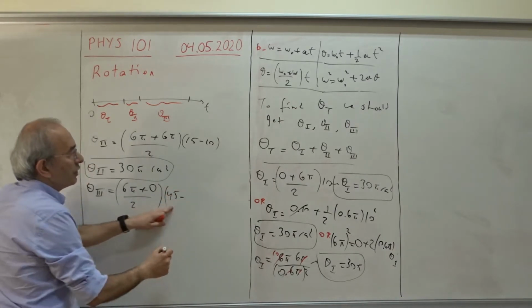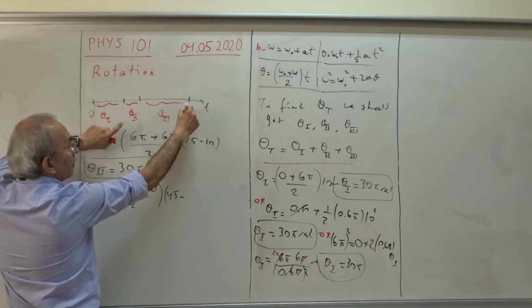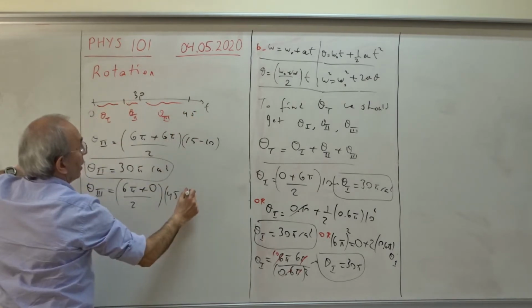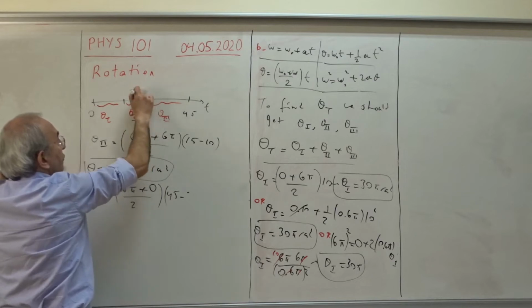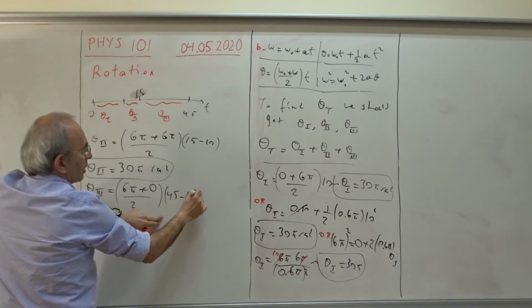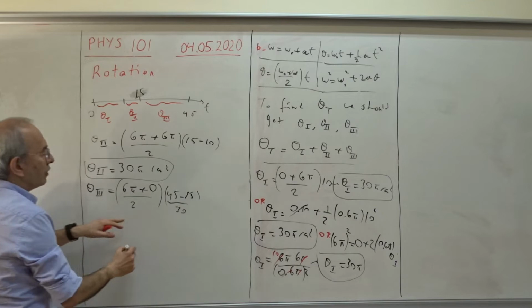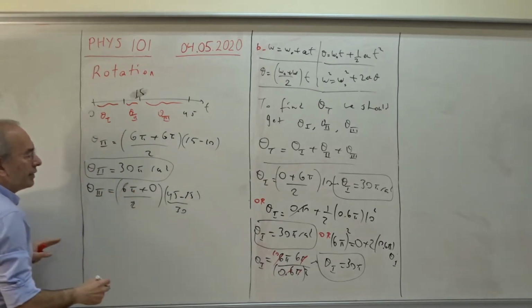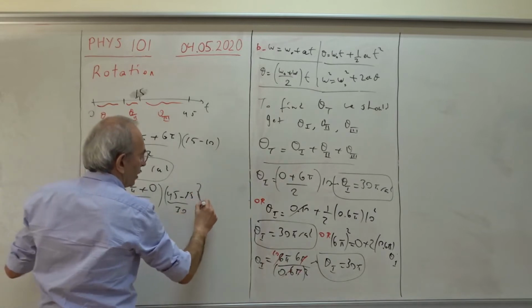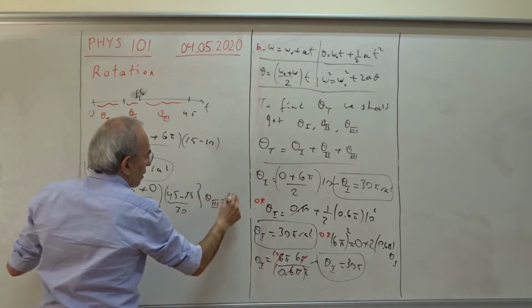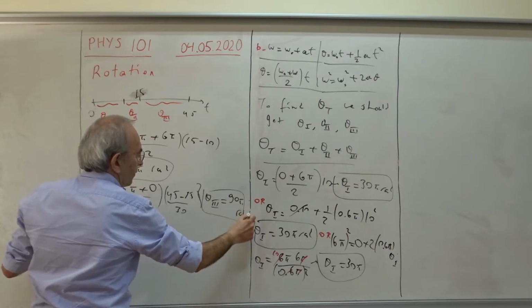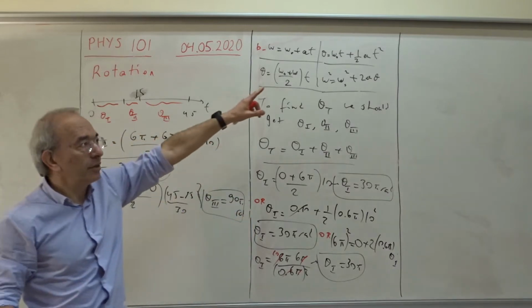It is the difference between 45 and 15. So this is a 30-second interval. 30 times 3 is 90 pi. So that theta 3 is 90 pi radians.